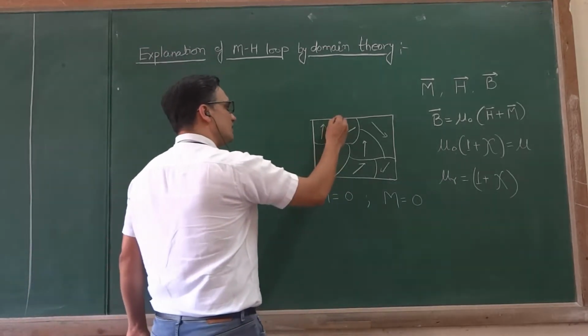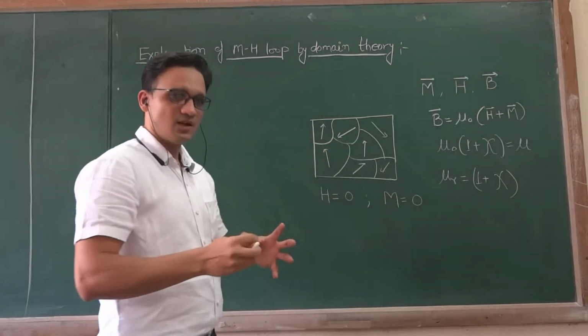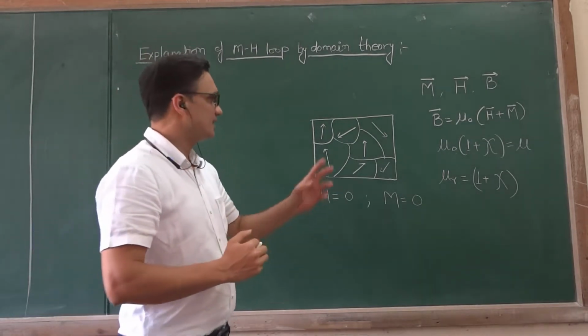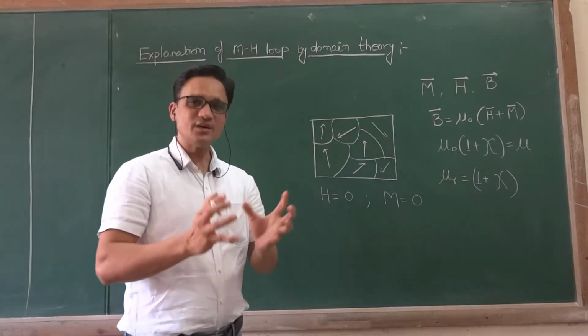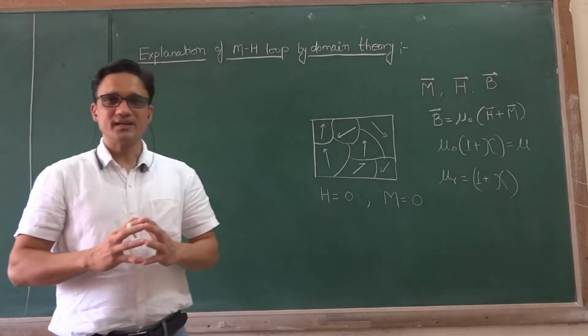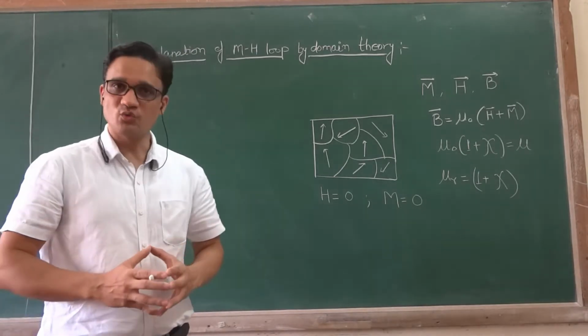These regions where a net magnetic moment exists because of the interaction are called domains. And these domains are separated by boundaries, called domain boundaries, also called the Bloch wall.